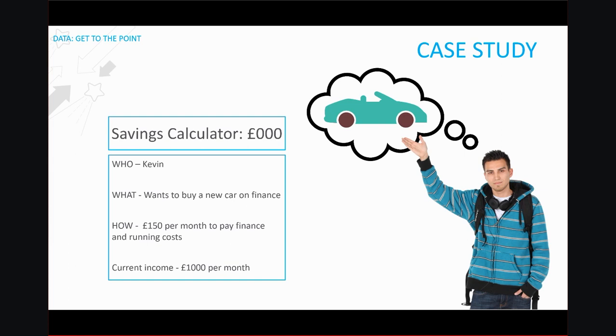And as we'll go into further, his current income is £1,000 a month. So he's realised that he'll need a budget to be able to afford this £150 a month finance. And I just want to add that the pricing in this chart and in this pack is not very realistic, but it's a theoretical case study to help us evolve critical thinking and understand what that involves.